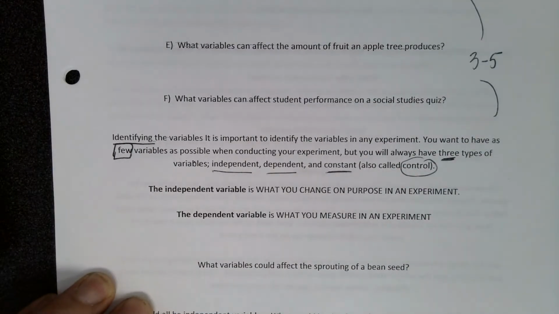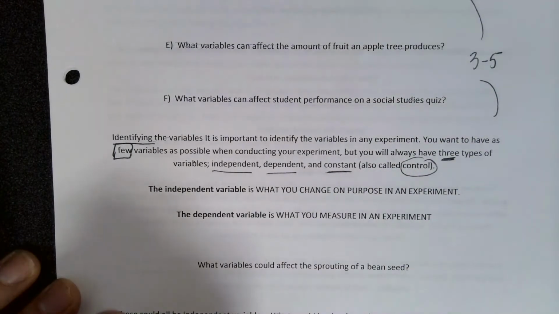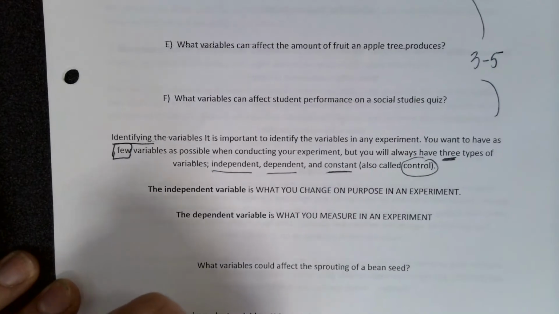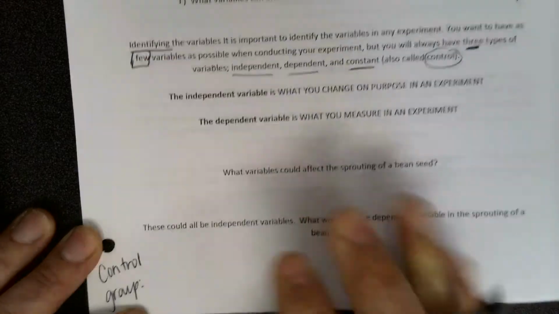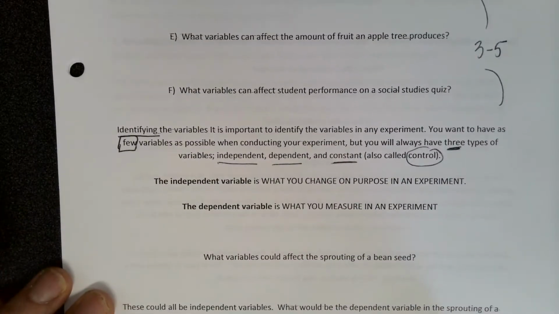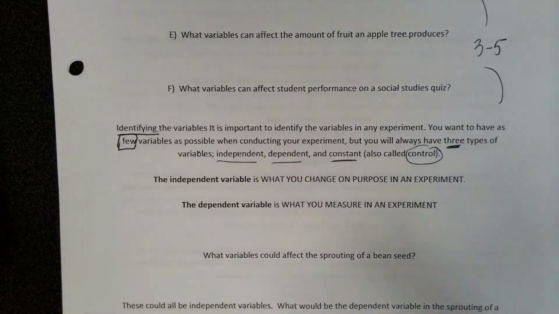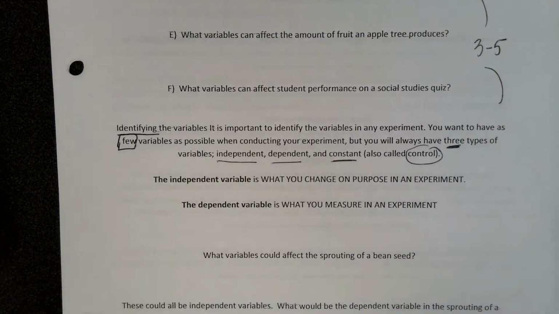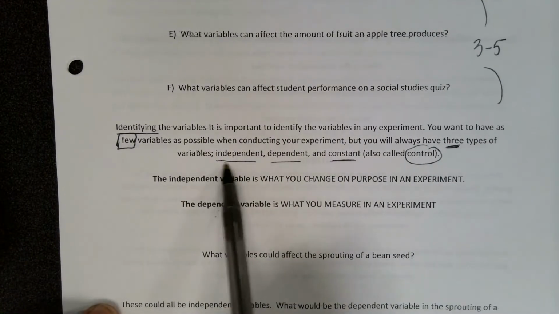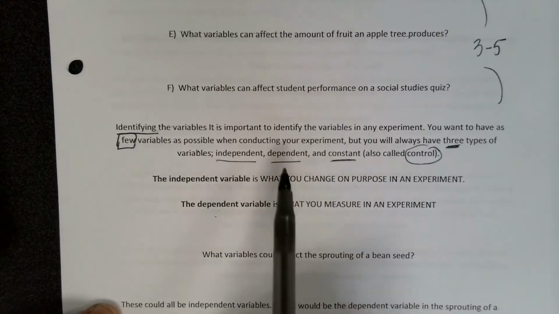I am also going to write over here the definition of the control group. In an experiment, you're going to make sure that the conditions are the same for all of the parts of your experiment except for 3 variables: your independent, your dependent, and your controls.